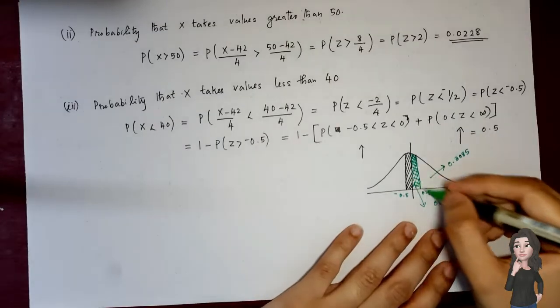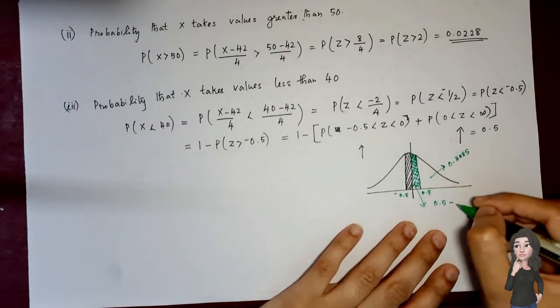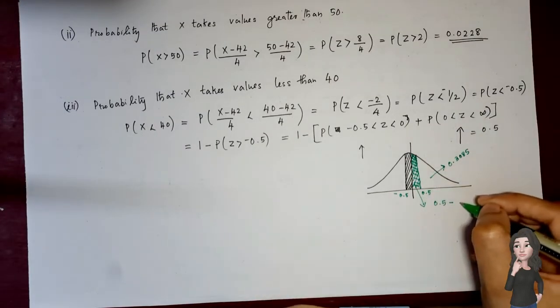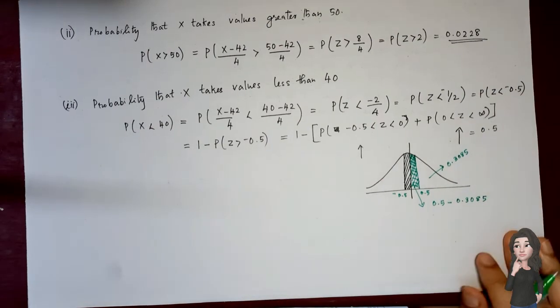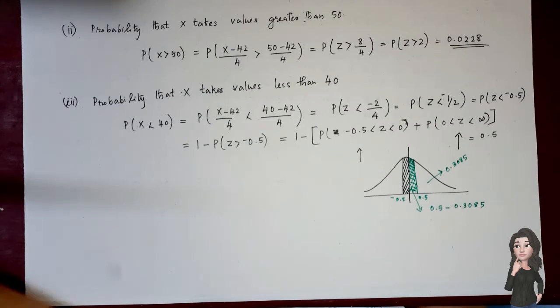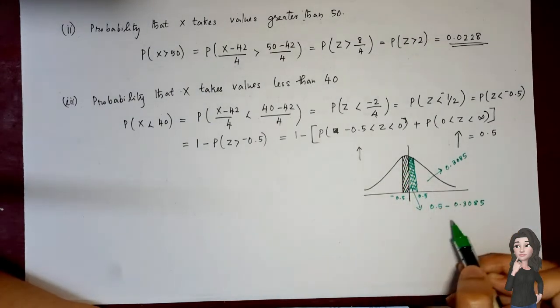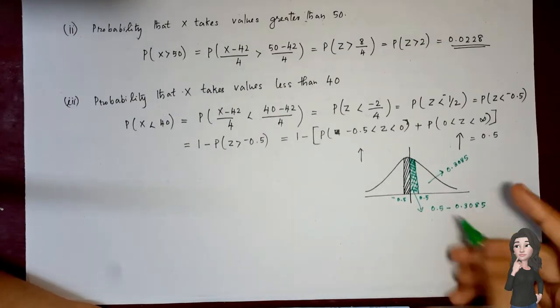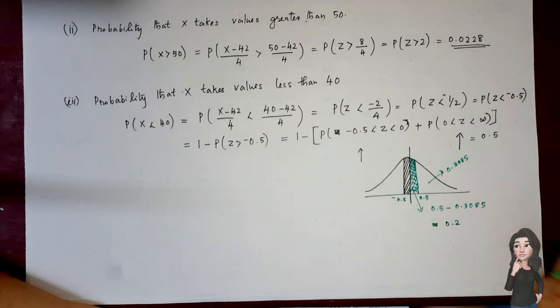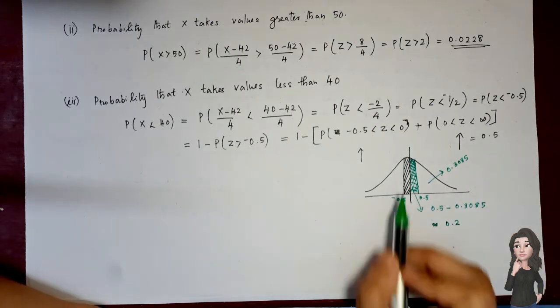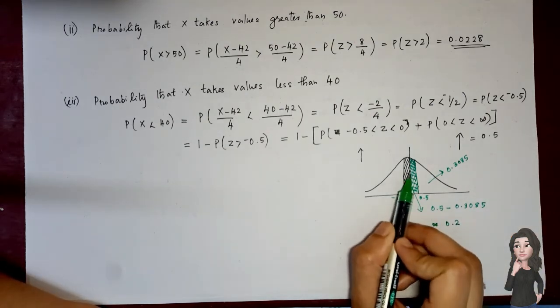Therefore, this corresponding area is 0.5 minus 0.3085. Therefore, this small area is also the same, which is approximately 0.2. Isn't it? Yes. This is something related to 0.2.